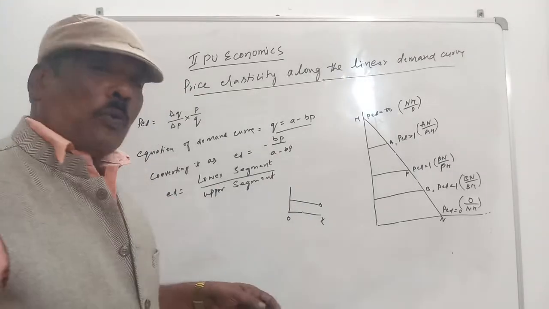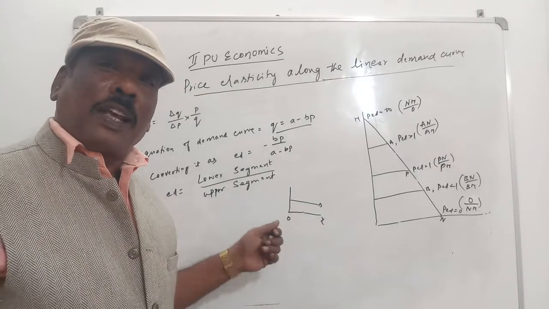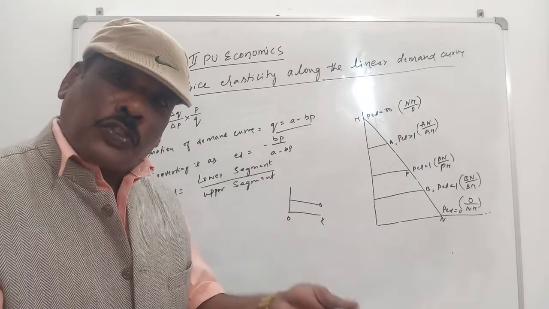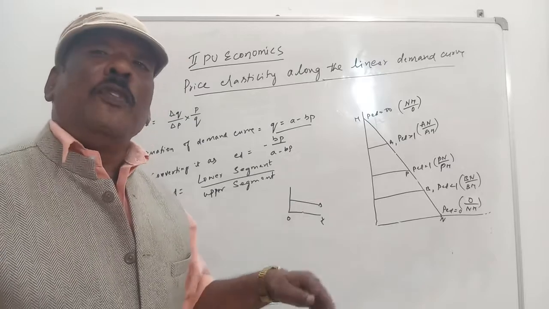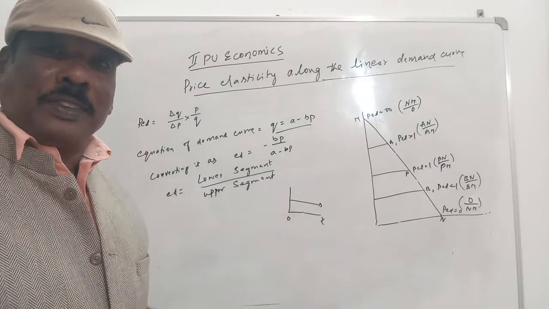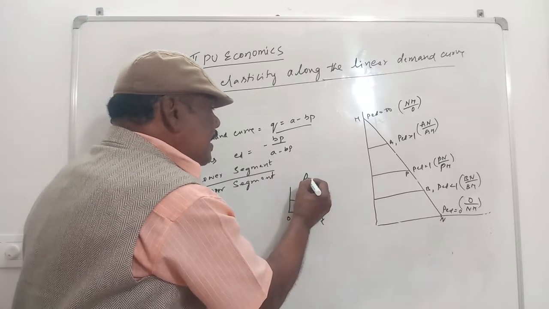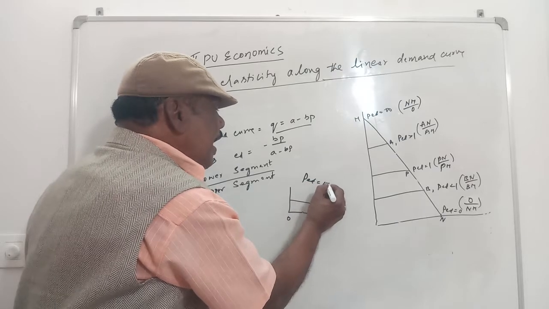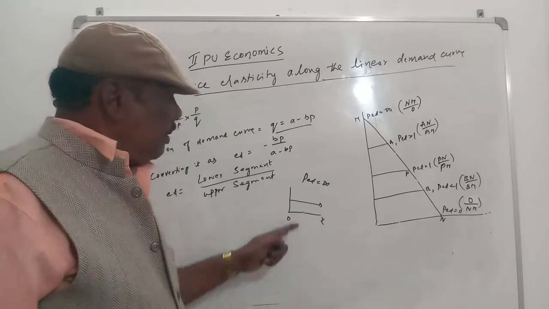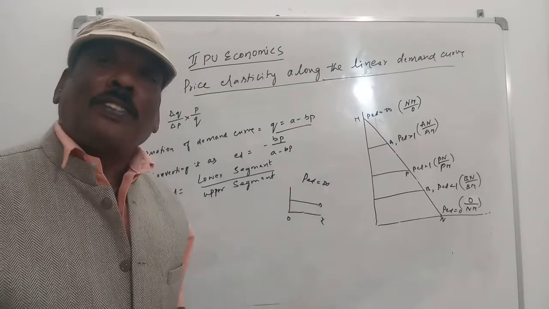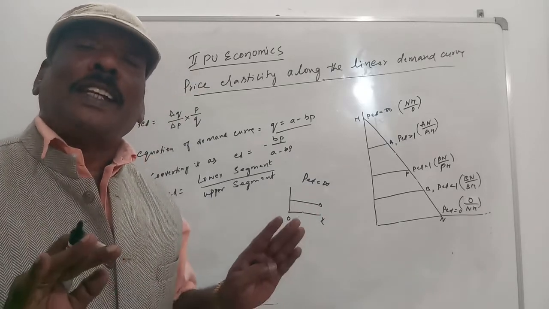It means whatever may be the changes in price, there may be no change or a slight change, it leads to infinite changes in demand. So that's why PED is infinite in case of perfectly elastic demand.